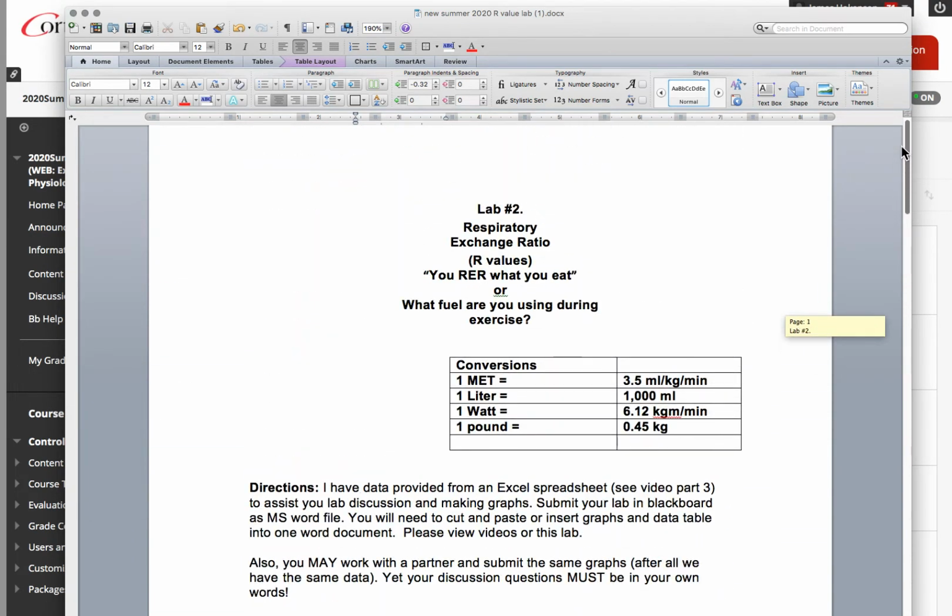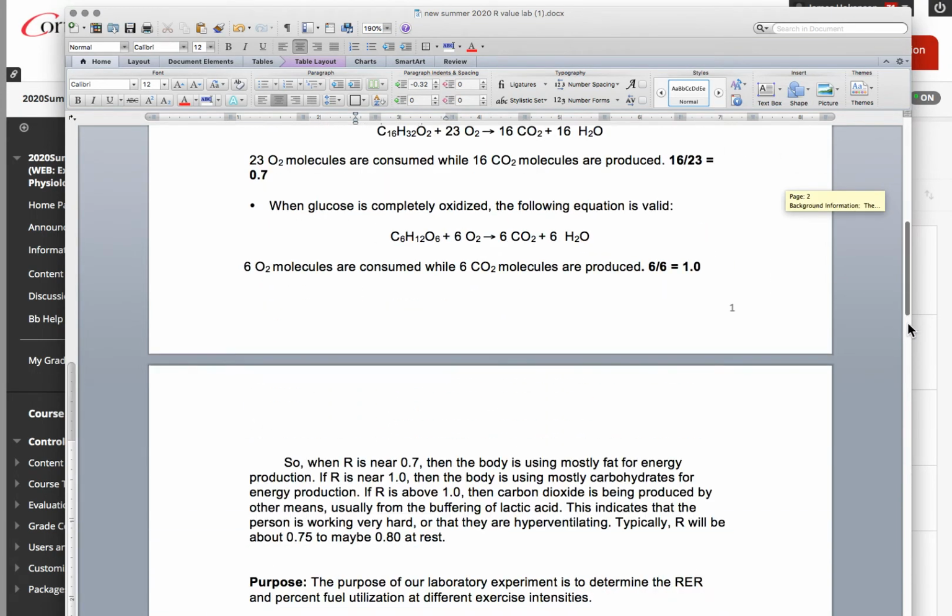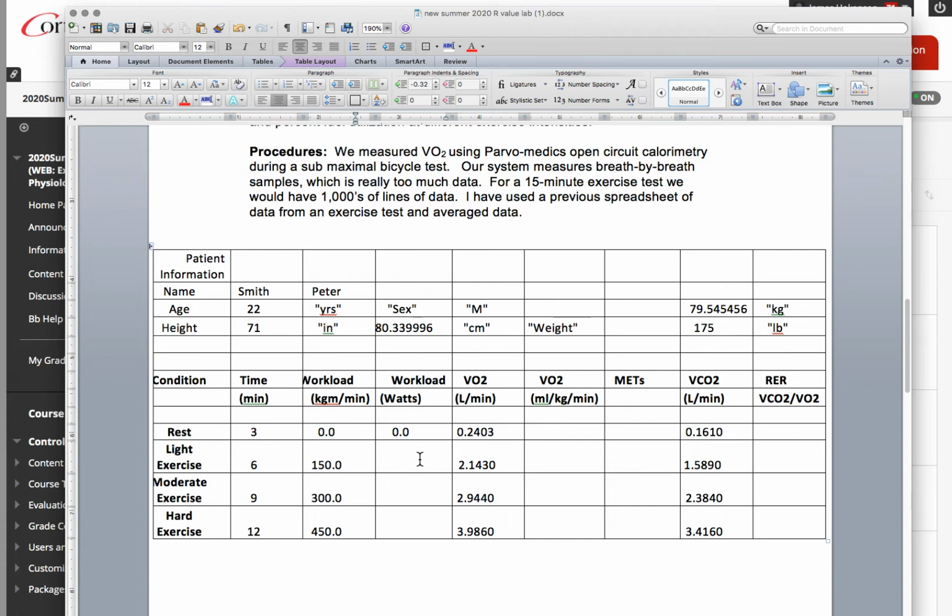The conversion is at the front of this lab, where 1 watt is equal to 6.12 kilogram meters per minute. By using that conversion, you can complete this part of the data table and convert these workloads into watts.